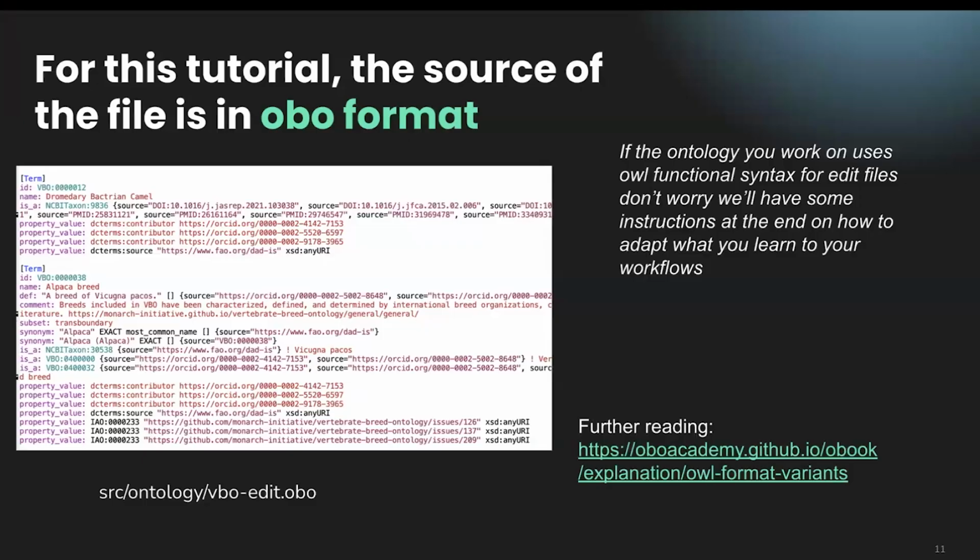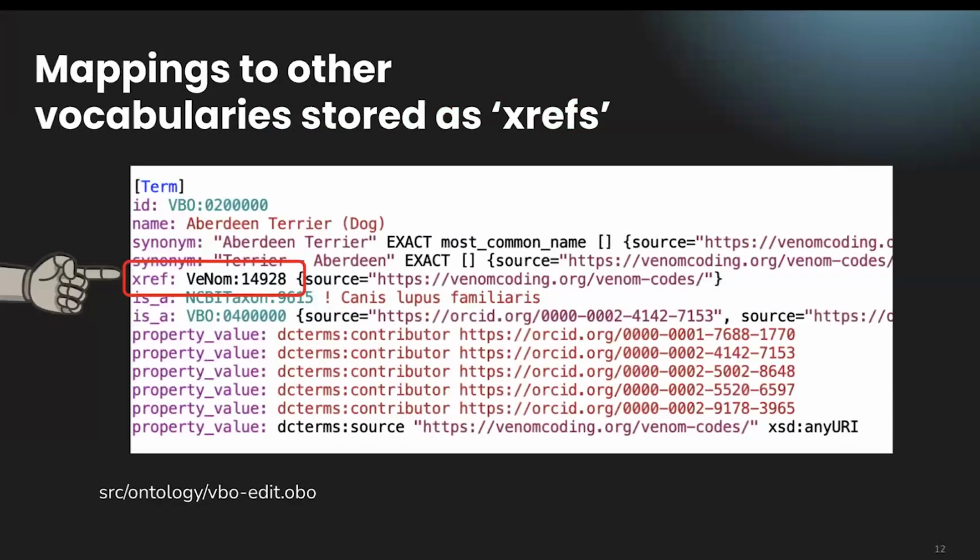Next slide, please. And we also have some cross-references, and those cross-references are in the usual format of a prefix and a number. The cross-references you will see in VBO are to Venum and this other livestock breed ontology, LBO.